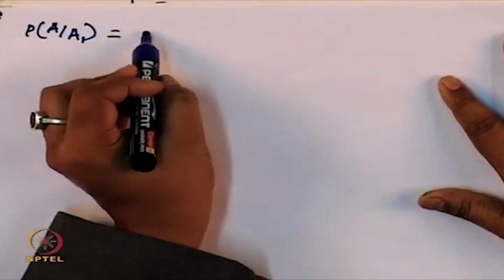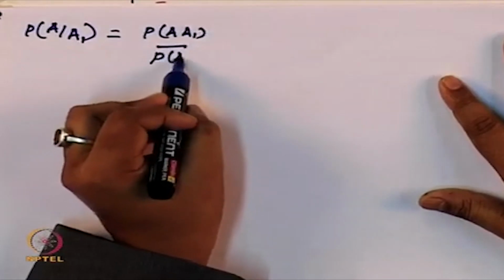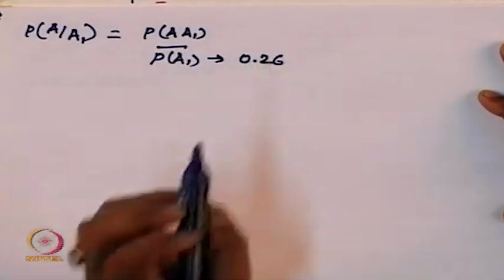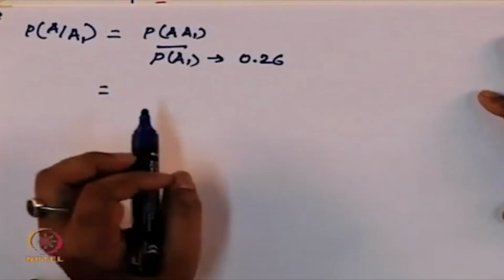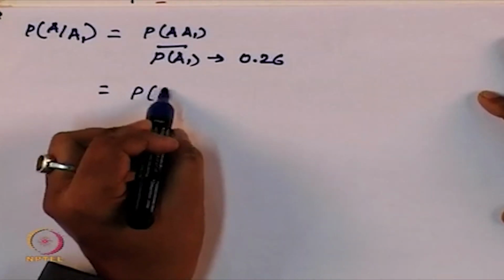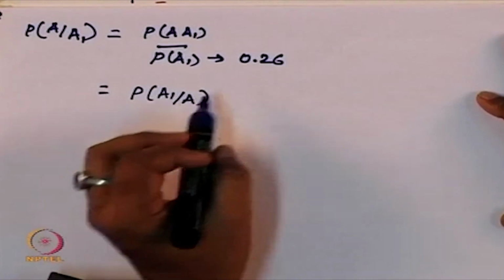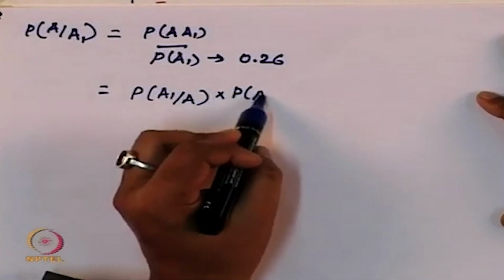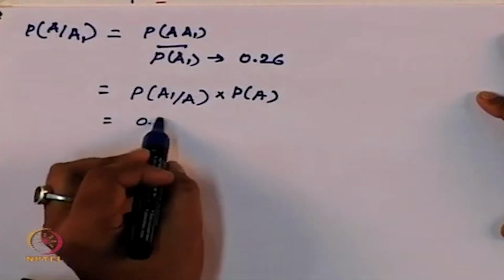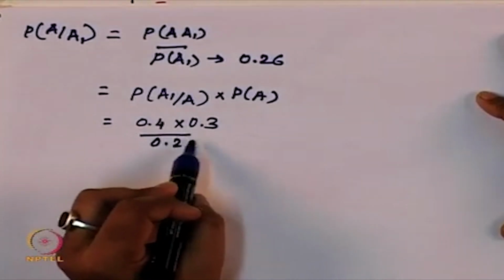I can write it as the probability of A and A1 divided by the probability of A1. Now, the probability of A1 we have calculated as 0.26. What do I do with the numerator? I can rewrite this expression as the probability of A1 given A into the probability of A. So this is 0.4 into 0.3, divided by 0.26.